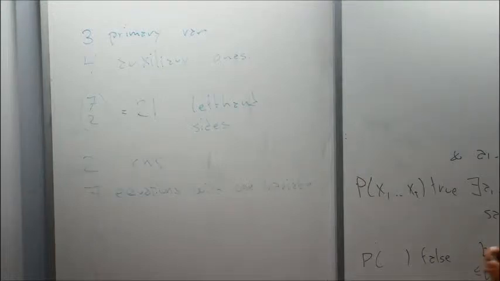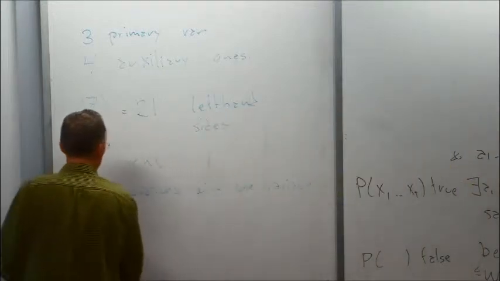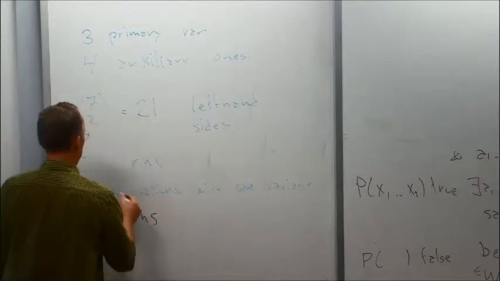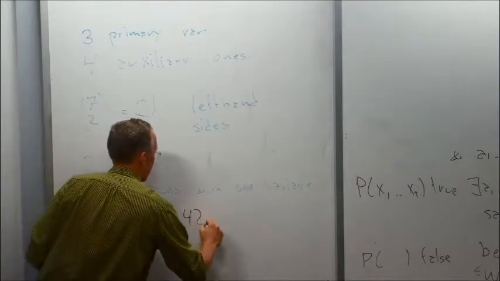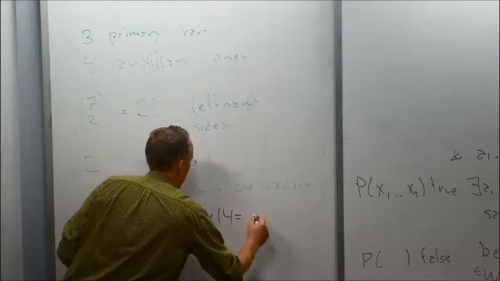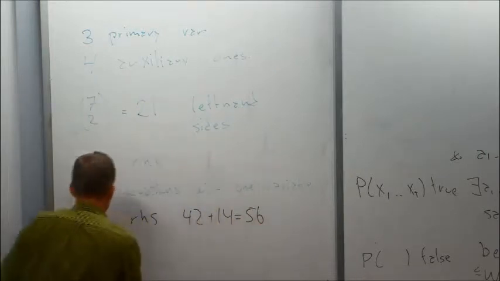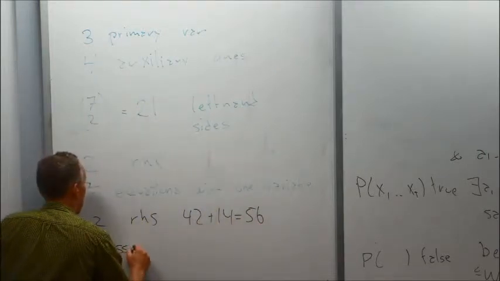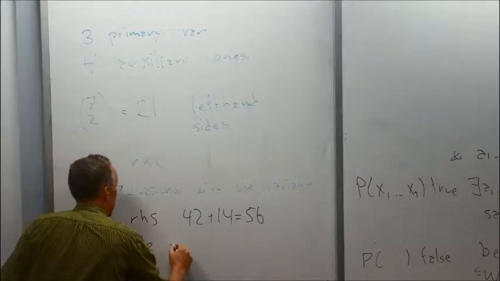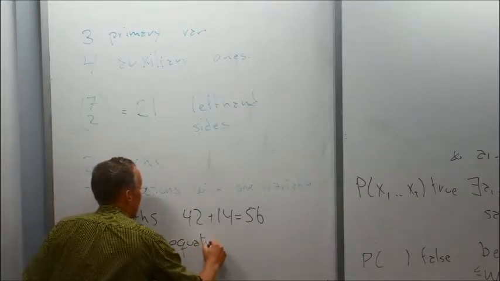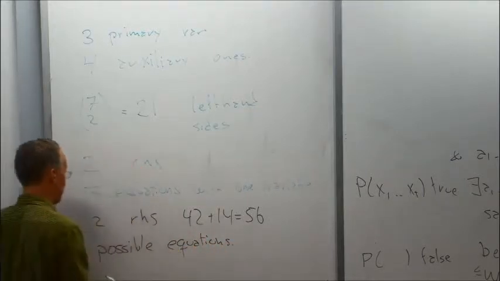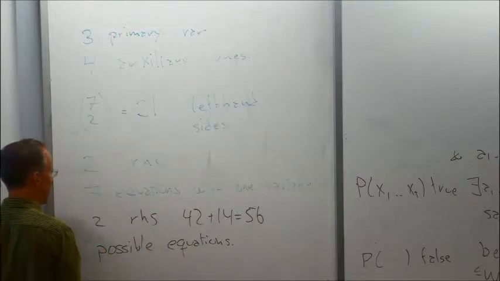And 2 right-hand sides for these. So this is 42 plus 14. So this means I have 56 possible equations.